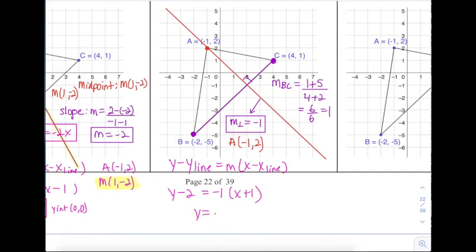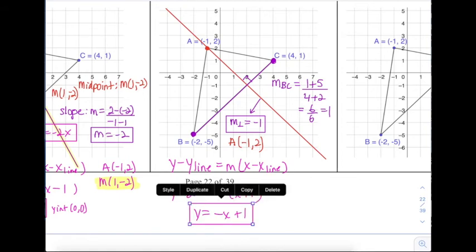My final answer is y = -x + 1. Because we just did the linear systems unit and graphed a whole bunch of lines, I can see that this has an x-intercept of 1 and a slope of -1. That looks right. So the graph is always there to help you reaffirm what you know, and help you set up the calculations.